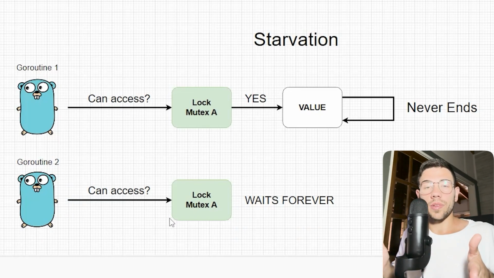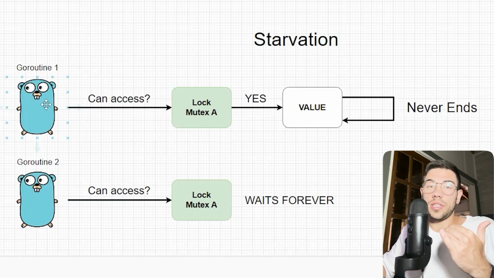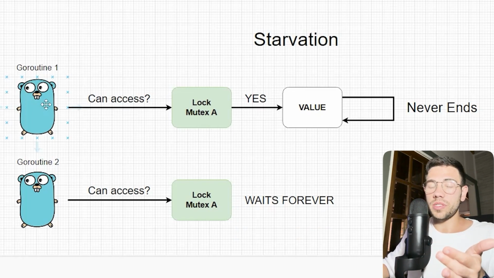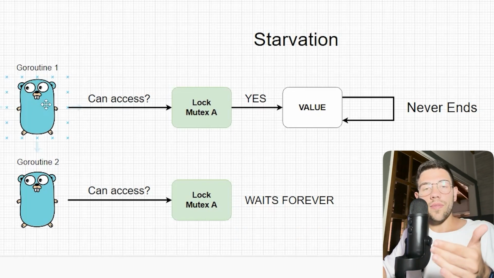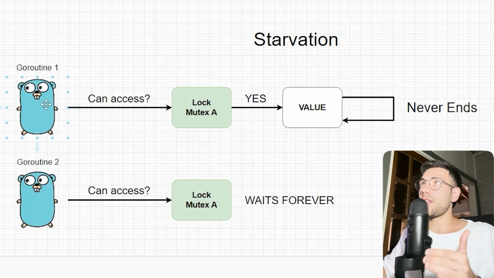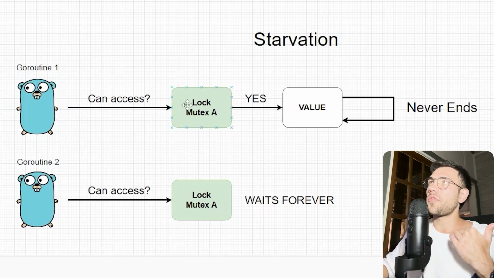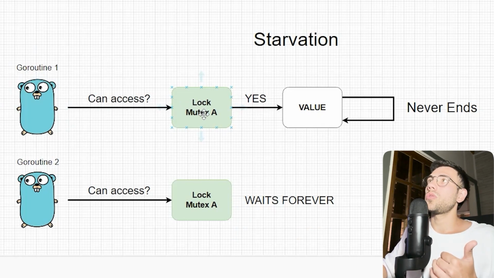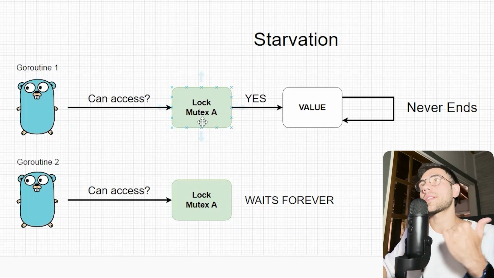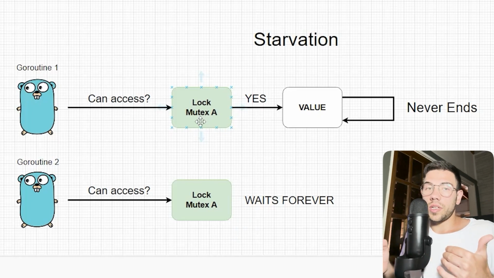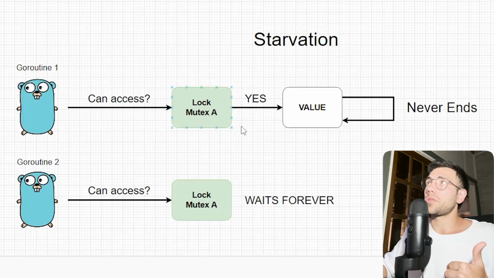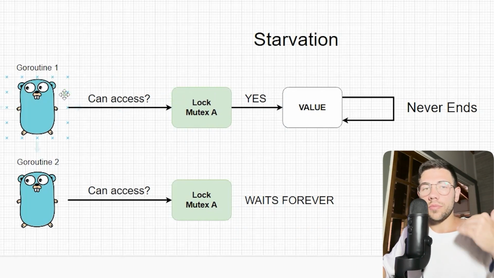That happens when a goroutine gets access to that particular resource but never unlocks the mutex of that resource. Like you can see here, goroutine number 1 accesses this mutex first, so it's the first goroutine to get access, and the mutex allows this goroutine to access this value, but it never unlocks the mutex.